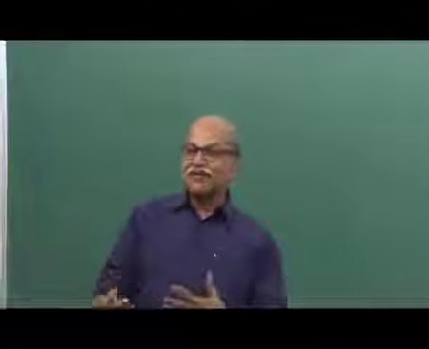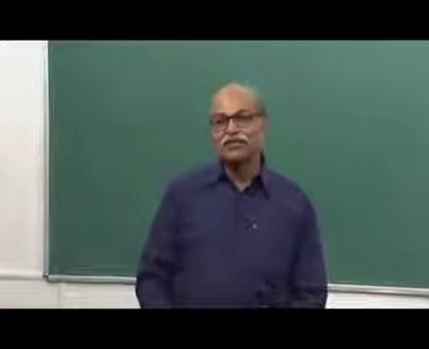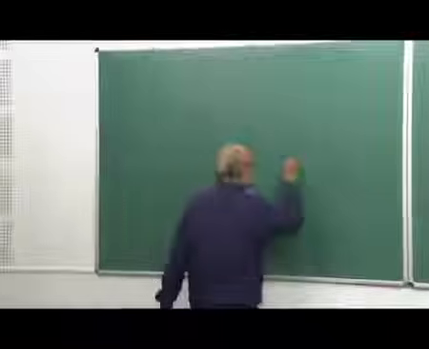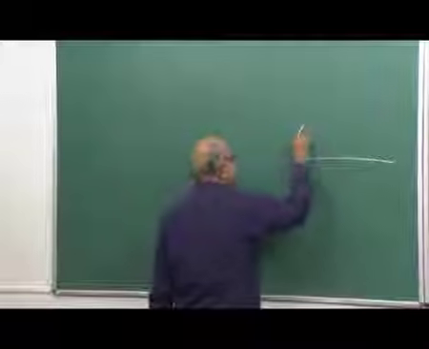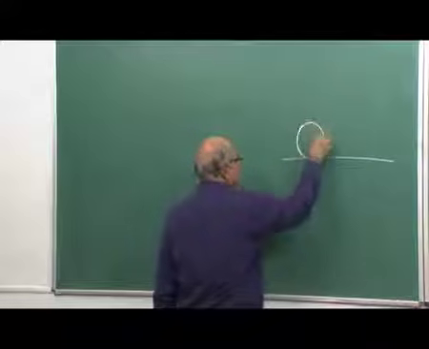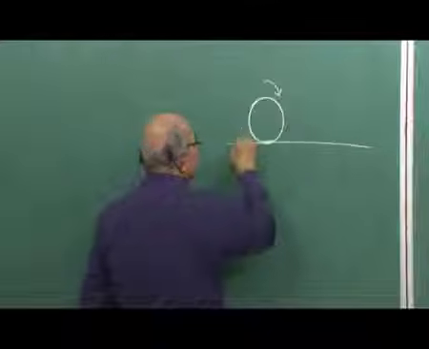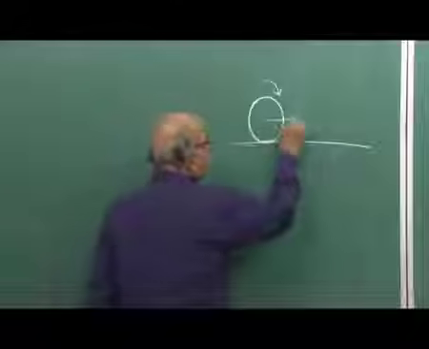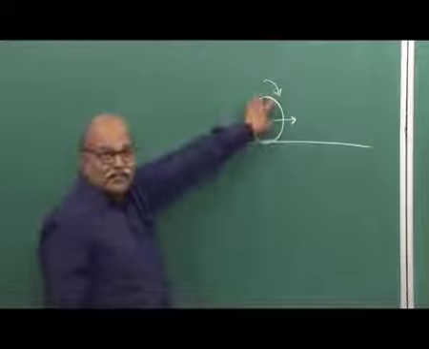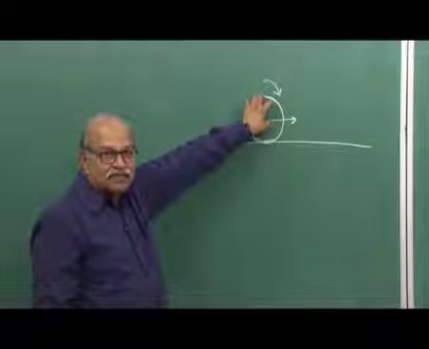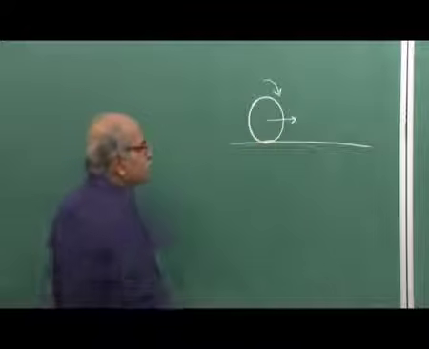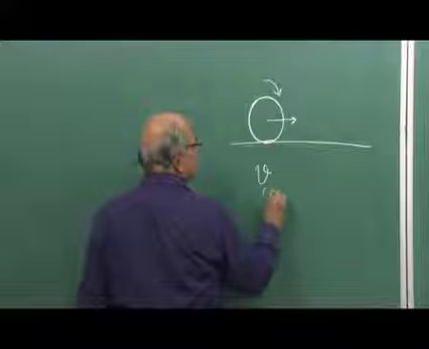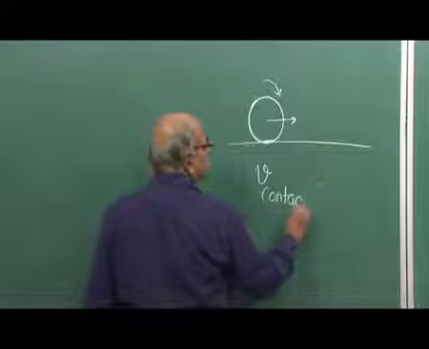So let's take some experiments on rolling. You know, when a wheel or a sphere or something rolls on a surface, then different particles of this object move with different velocities. The velocity of the point of contact is 0.